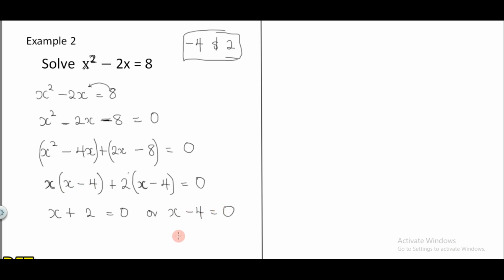So I have x plus 2 is equal to 0, or x minus 4 is equal to 0. When I take these two to the other side of the equation, they become minus, right? So this is x is equal to 0 minus 2, or x is equal to, when this minus 4 crosses, it becomes plus, 0 plus 4.